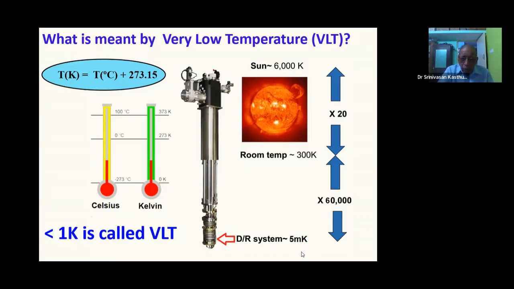And if you decrease this 300 K by almost 60,000 times, then you get a temperature of 5 millikelvin, which is nothing but the temperature which you reach in the adiabatic demagnetization system, or in other words, ADRs. That sort of temperatures you reach.